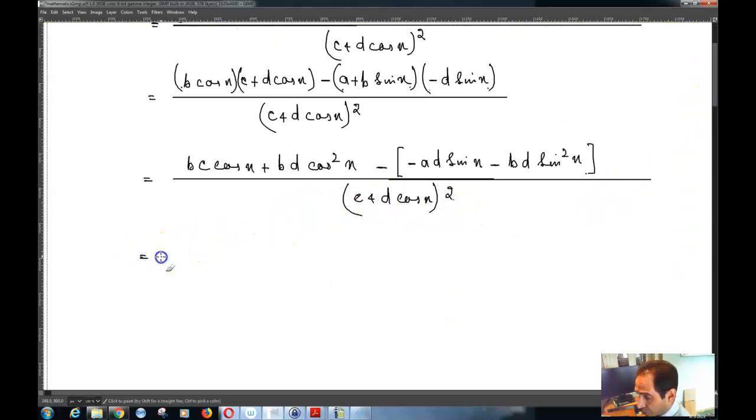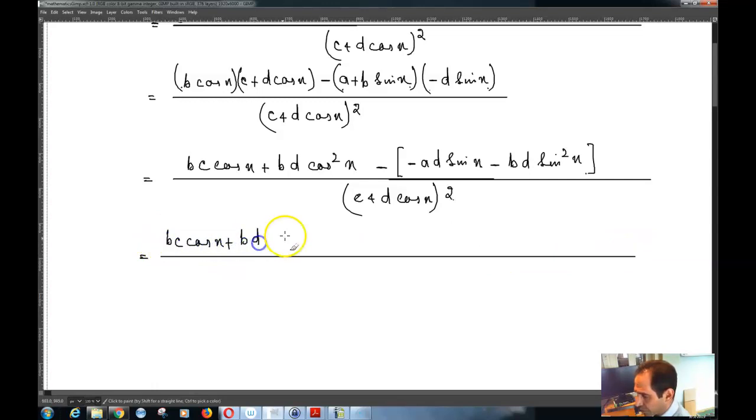So you can write this as bc cos x plus bd cos squared x plus, negative into negative is positive, ad sine x plus bd sine squared x over c plus d cos x all squared.